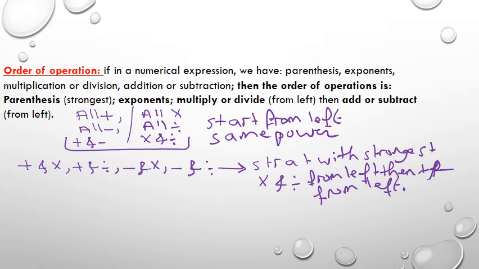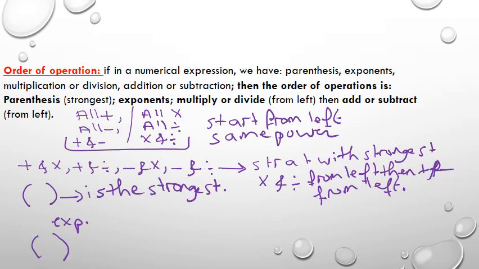Now, in a numerical expression, if we have parentheses, parentheses is the strongest. So we start first with the parentheses. In a numerical expression, if we have exponent, the order of operation will be parentheses is the strongest, it's number 1. Then we have exponent, which is number 2.